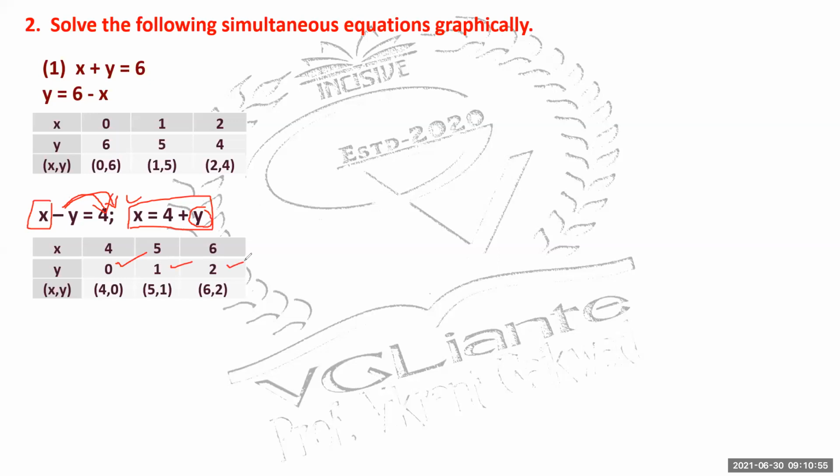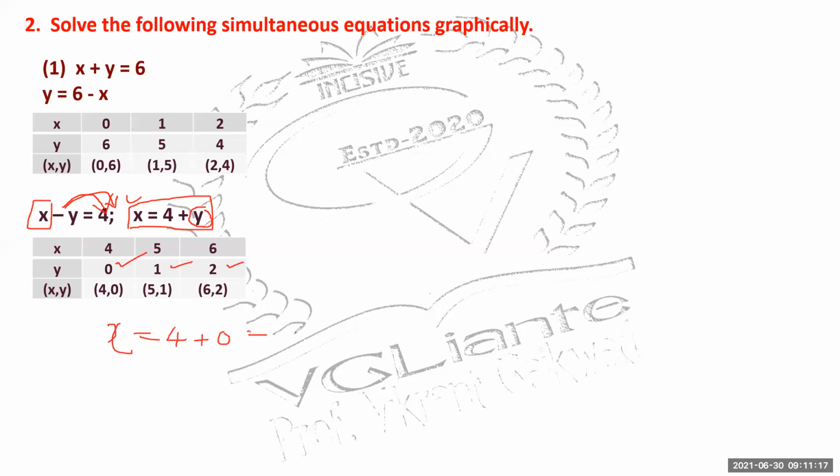So you all can start solving this. Understood? Once you substitute y as 0, what would be the value of x? x would be 4. Check. x equals 4 plus 0.